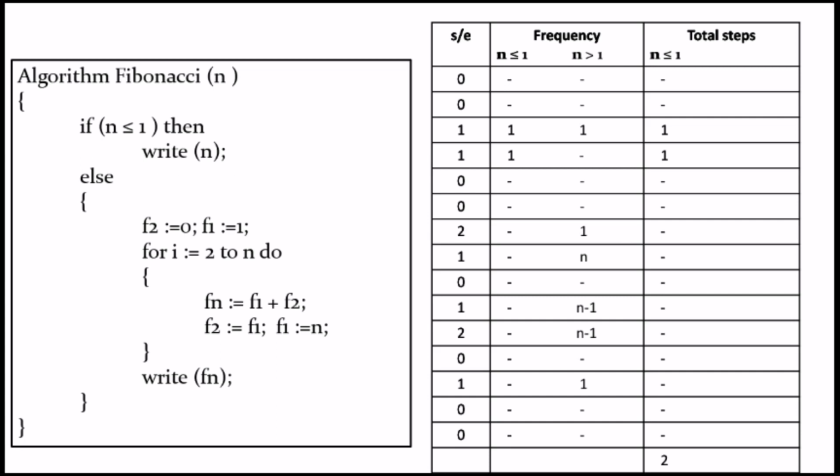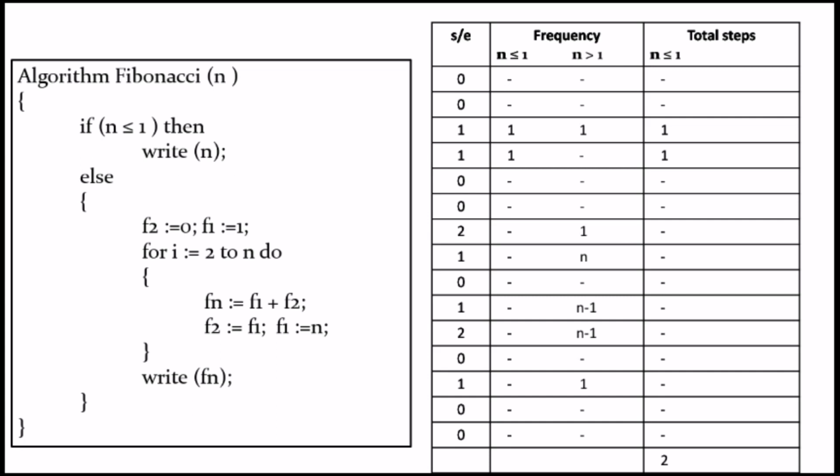Next, the opening floor bracket is considered as zero frequency. Next, because the condition was false, we are executing the else part. In the else part, the first line is f2 equal to 0 and f1 equal to 1. This entire line we are executing only one time, even though there are two statements, the entire line is executed one time. So frequency will be 1. Next statement is the for loop.